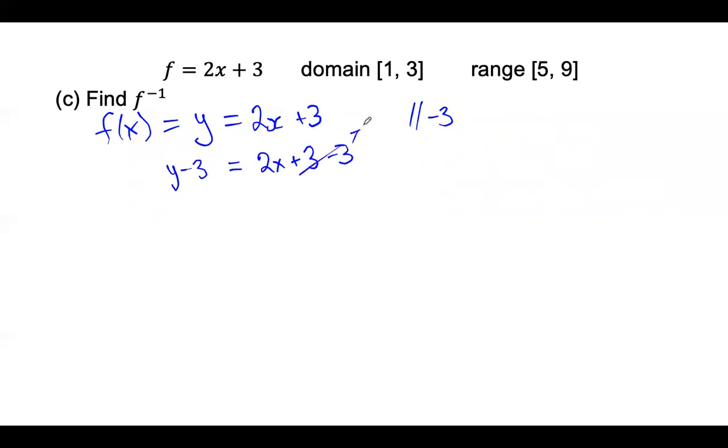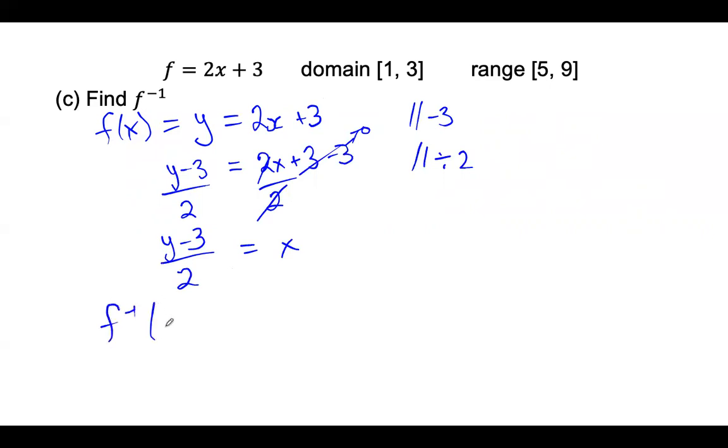This goes to 0. And then we can divide by 2. These cancel, so you get x equals y minus 3 divided by 2. Okay. So then the inverse is going to be y minus 3 divided by 2.